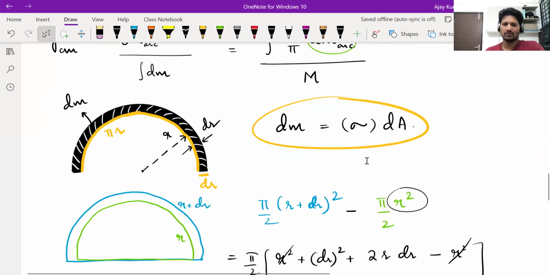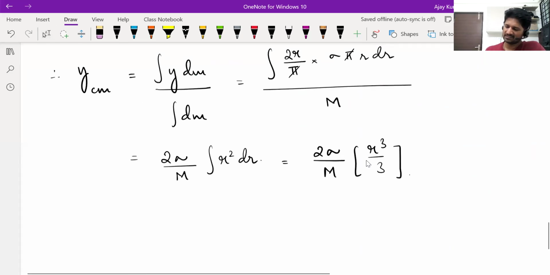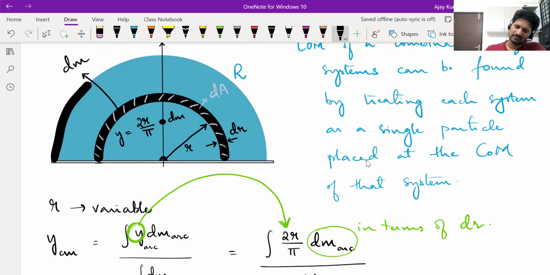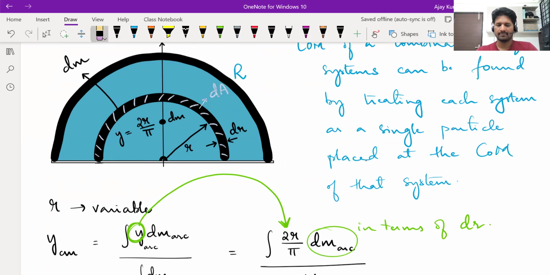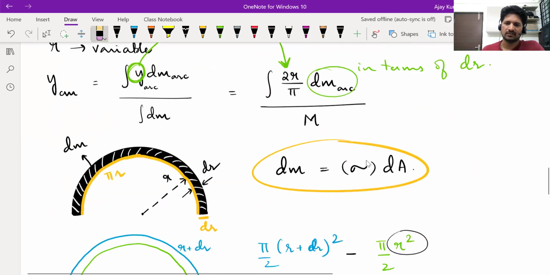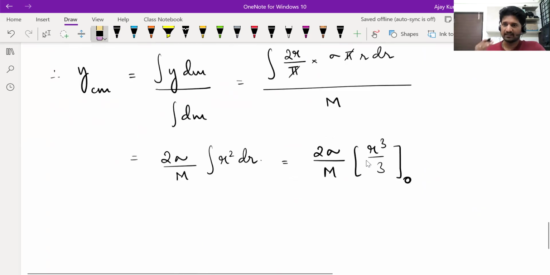So when you take limits for integration, the first semicircular ring's radius will be taken as 0. And Pawan, what is the radius of the last semicircular ring that you will consider? Capital R. Okay. So the limits for the varying radius of the rings will be from 0 to capital R.